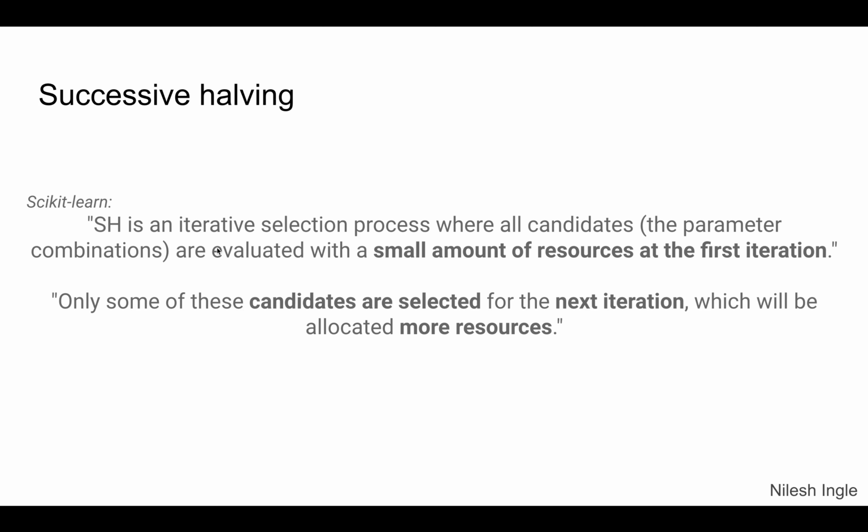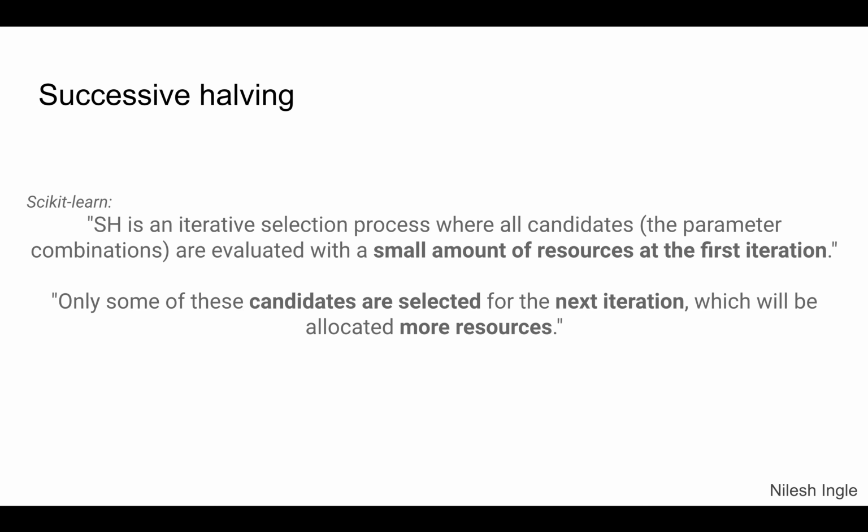Successive halving is another method to improve the efficiency of the search for optimized values for hyperparameters. Let's say we have a combination of parameters that amounts to 90 or 100. If you do an exhaustive grid search, it's going to take a lot of time.